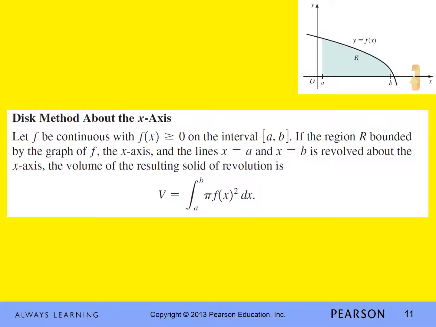If the region R bounded by the graph of f, the x-axis, and the lines x equals a and x equals b is revolved about the x-axis, the volume of the resulting solid of revolution is. Now there's the formula that you have to know and memorize and use in this section. Integral from a to b, pi times the square of f of x dx.